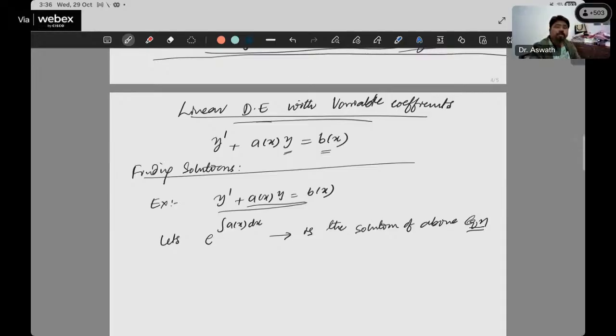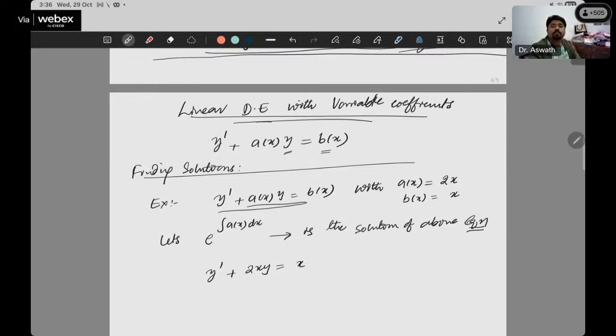So one example I will take is a(x) equal to 2x and b(x) equal to x. What I mean by that is the equation is y dash plus 2xy is equal to x.